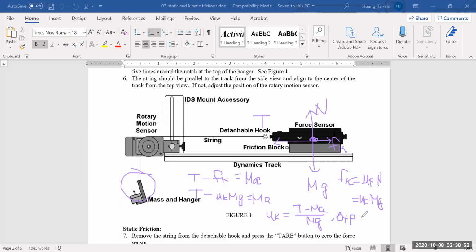So what about theoretical mu K? So for theoretical mu K, we're going to keep this equation. This equation comes from this diagram, when this is in consideration. Now let's look at, because this is actually a two-body system.